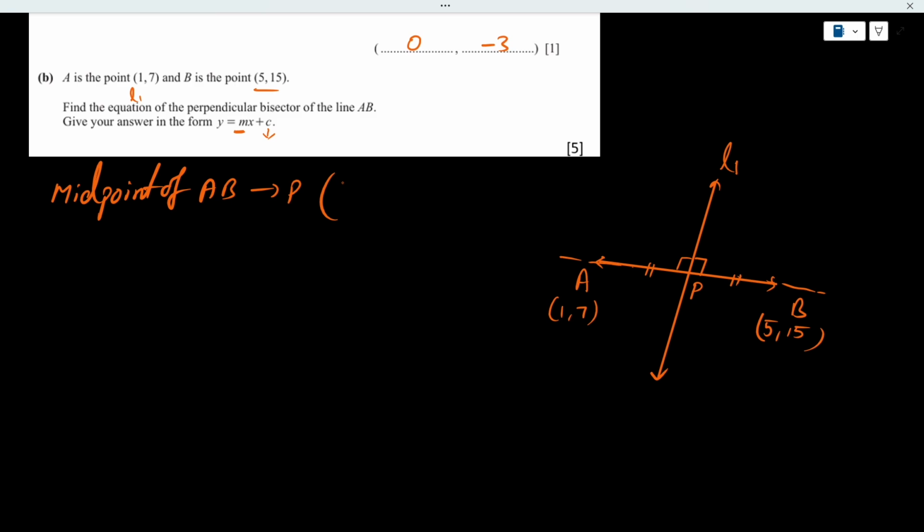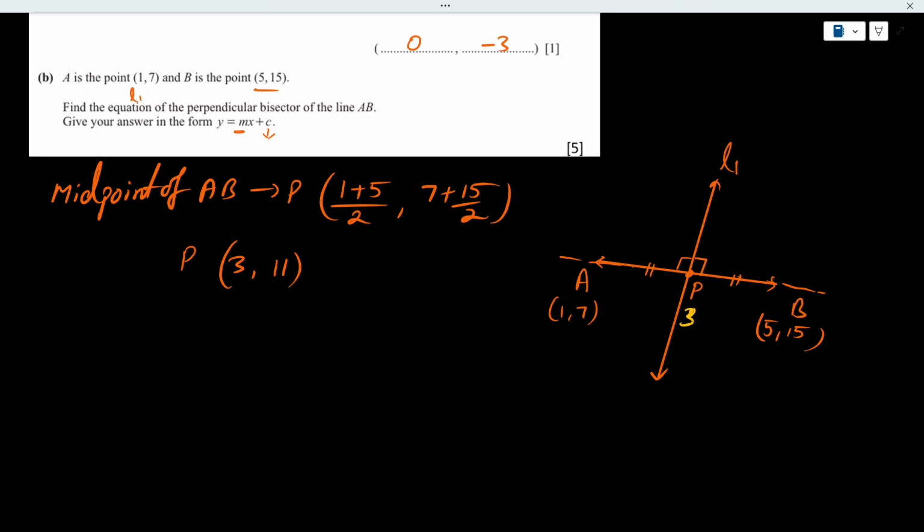Midpoint formula: x1 plus x2 by 2 comma y1 plus y2 by 2, so 1 plus 5 by 2 comma 7 plus 15 by 2. So if you draw it, it's easy to solve the questions. 15 plus 7 is 22, 22 by 2 is 11. So I can write down here 3 comma 11.